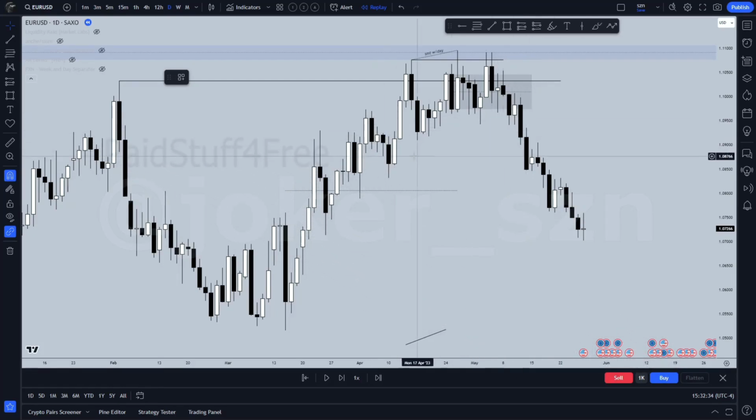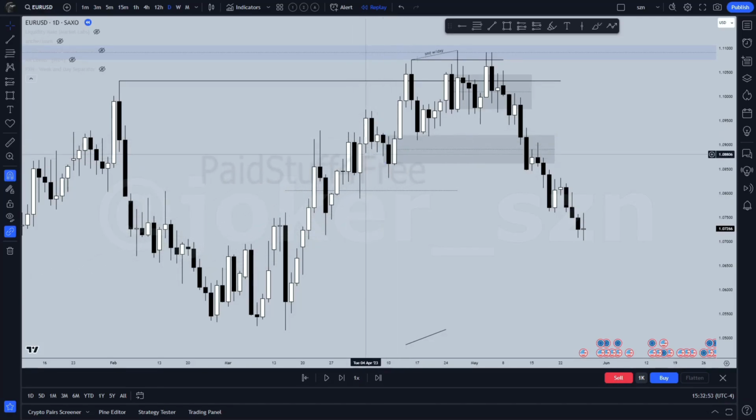Then you can see how we displace lower again, and we also close below this order block. So those two down close candles create one bullish order block, and once we close below, they turn into a breaker block, right?